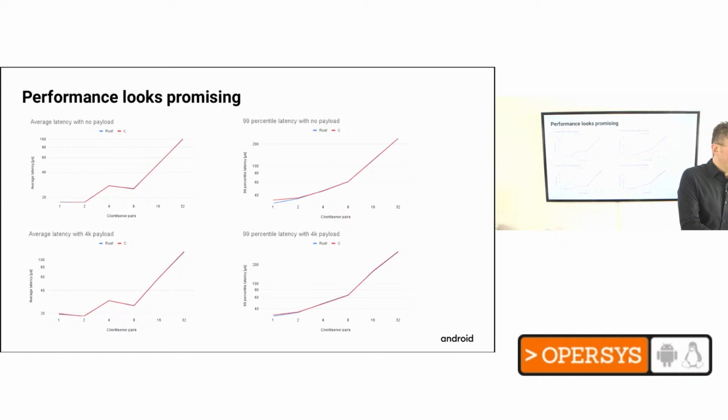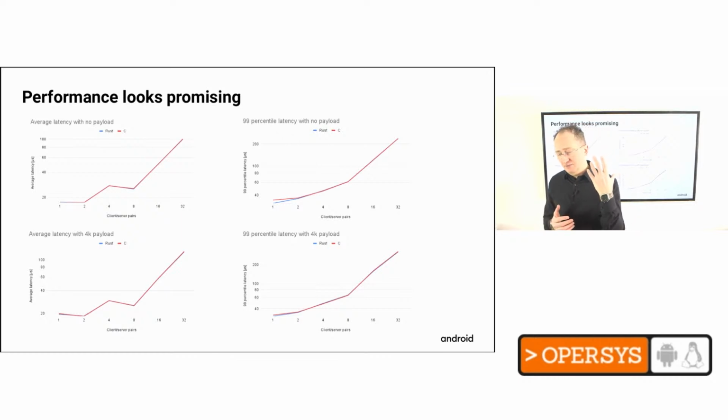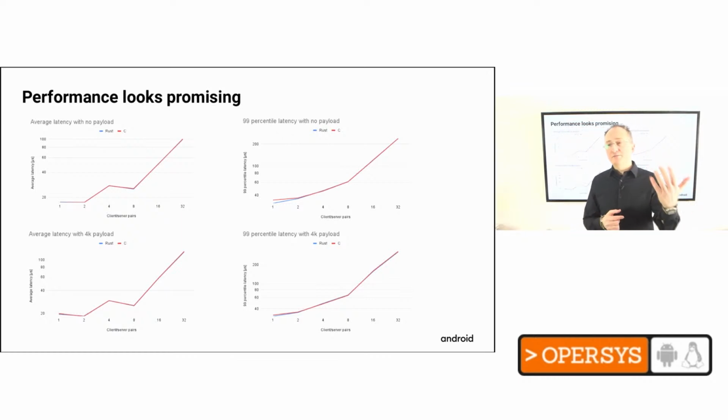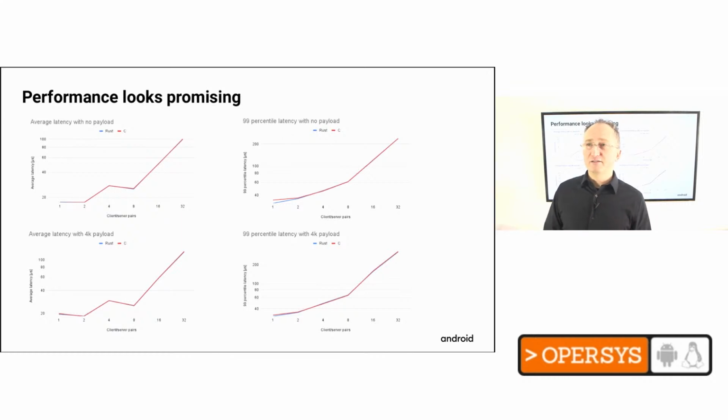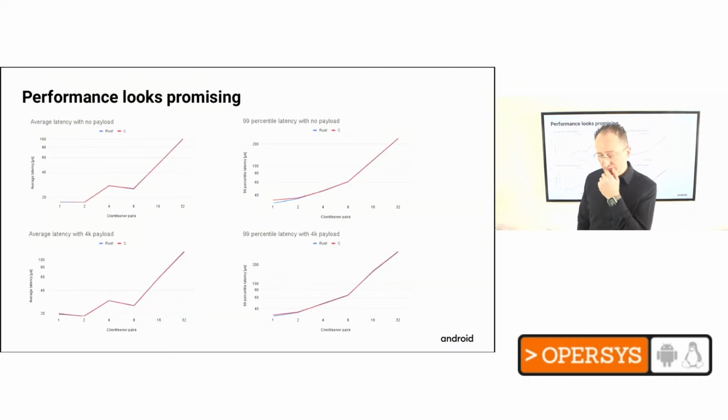And this is interesting as well, because these are the performance results of the Rust written binder driver versus the C written binder driver, and you can see the performance is pretty close. There is already a push for this on the actual list.